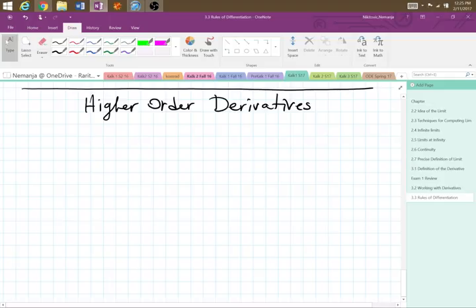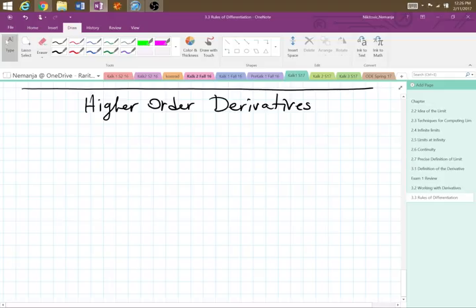Change of distance over change in time is miles per hour, it's velocity, right? And what's the change of velocity? Acceleration. And what's change of acceleration? Jerk. Very good.